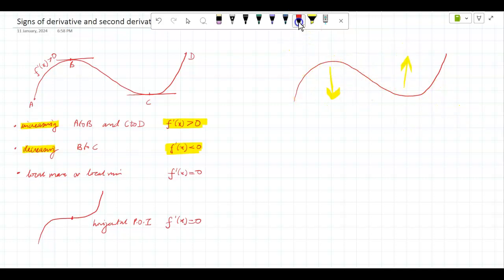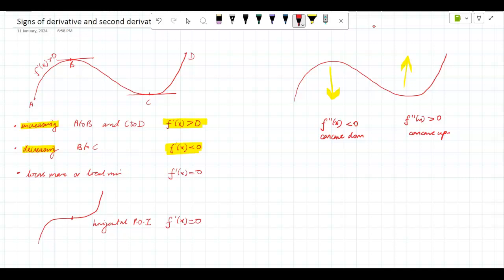So when it's concave down, your second order derivative would be negative. And when it's concave up, your second order derivative is positive.